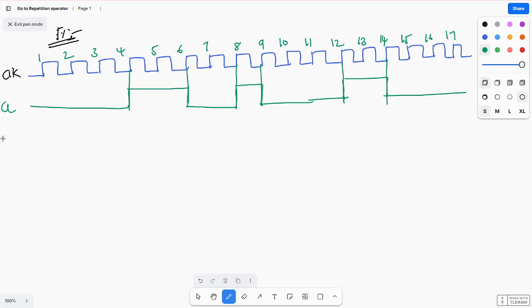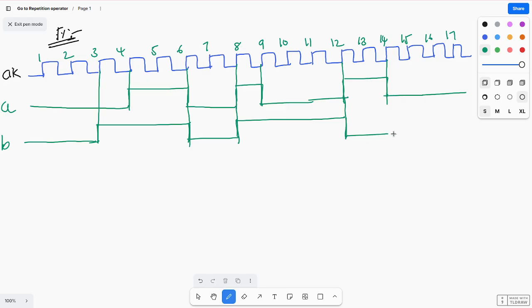Next let us take B. B starts with 0, at the third cycle it becomes 1 and stays 1 till the sixth cycle. At the eighth cycle it is 0, then again 1 till the 12th, and after this it becomes 0. Coming to C, we consider stop, and in place of stop you can consider C also.